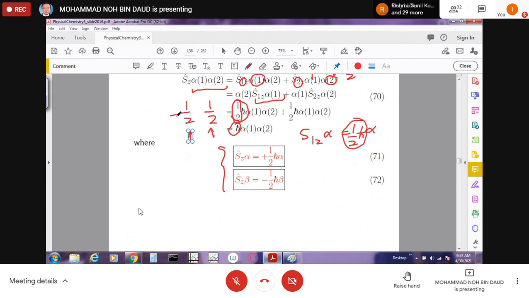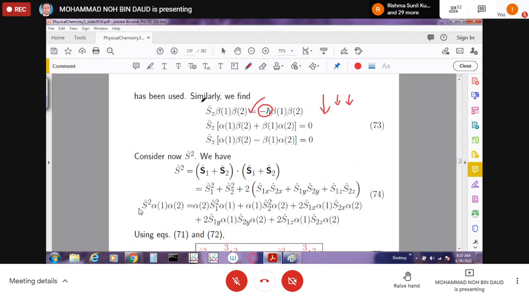The Sz here is 0. We can have the same contribution from the alpha and beta, so the net vector, the component of this vector, is 0.